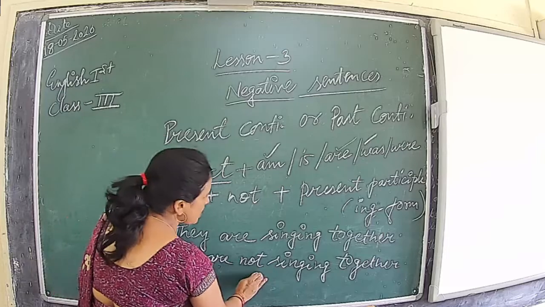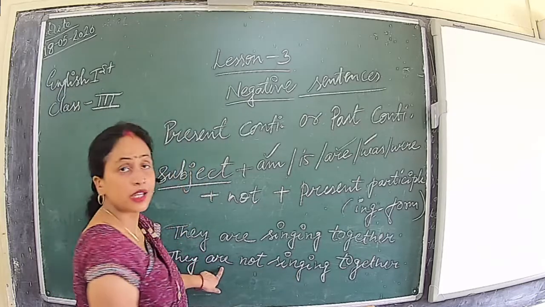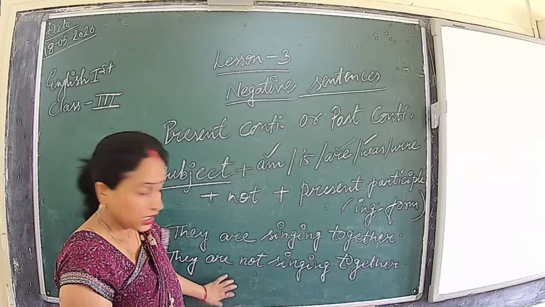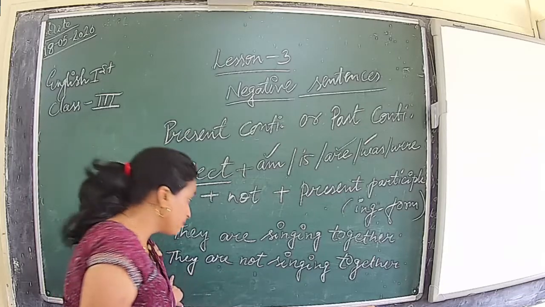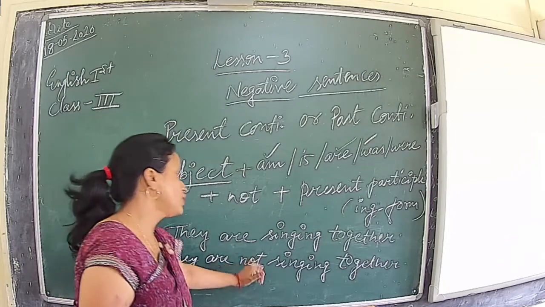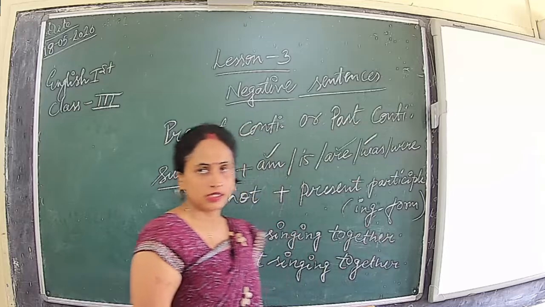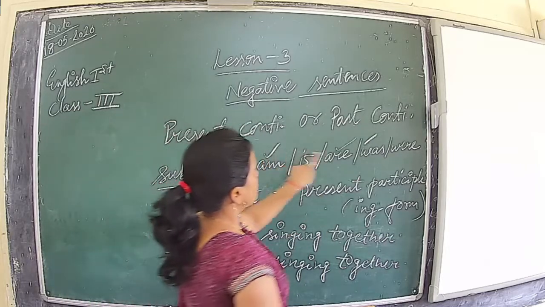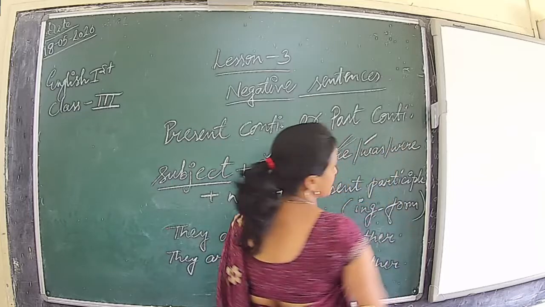They are not singing. Are is the helping verb because with the plural we use are. So they are not singing together. Understood? Like this we have to change. Now this is am, are, and one example of was is over.